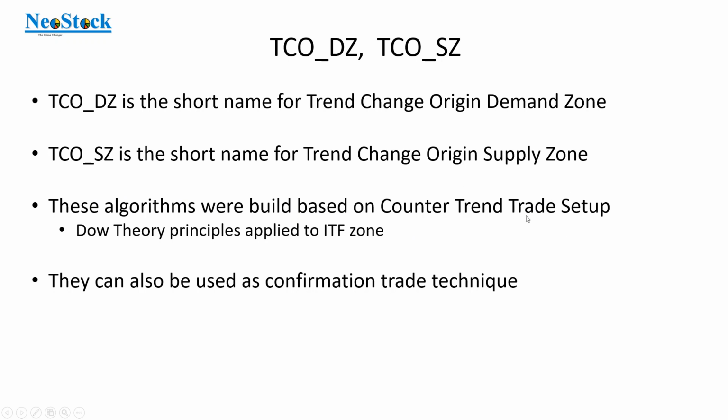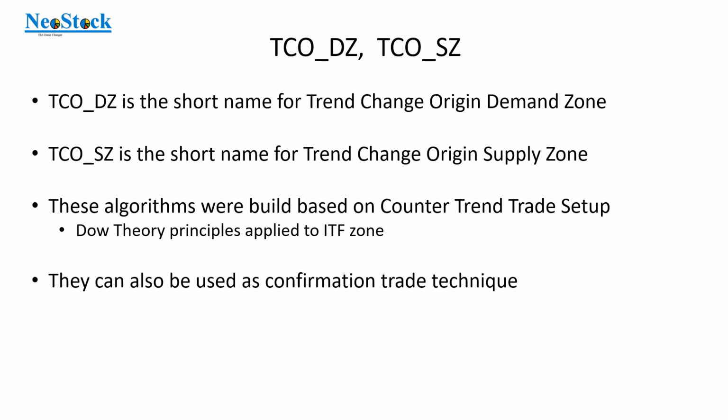And this counter trend trade setup you will learn based on the Dow theory concepts or Dow theory principles. I am going to explain Dow theory based on demand and supply zones. Today, I'll just give you an overview. It's a very small concept, easily you can understand. General Dow theory is explained based on swing highs and swing lows. Do you remember swing highs and swing lows? I explained in the trend, swing based trend calculation: higher high, higher low, lower high, lower low.